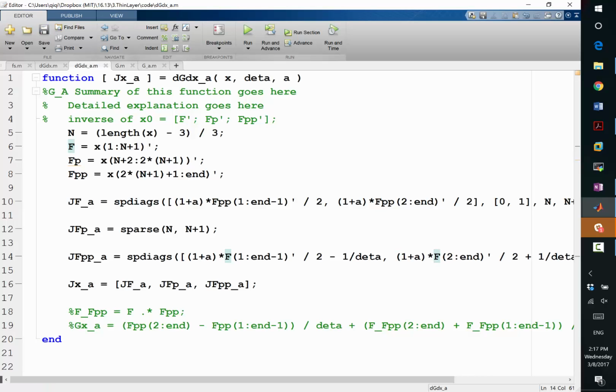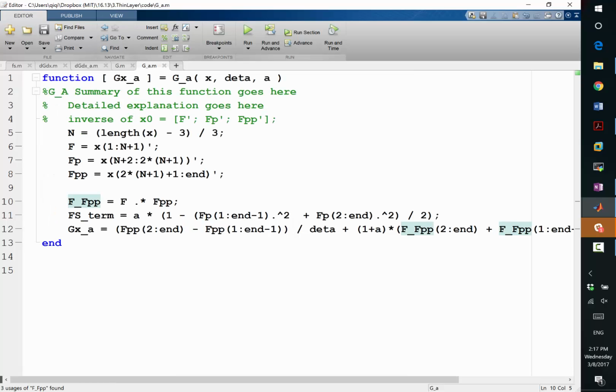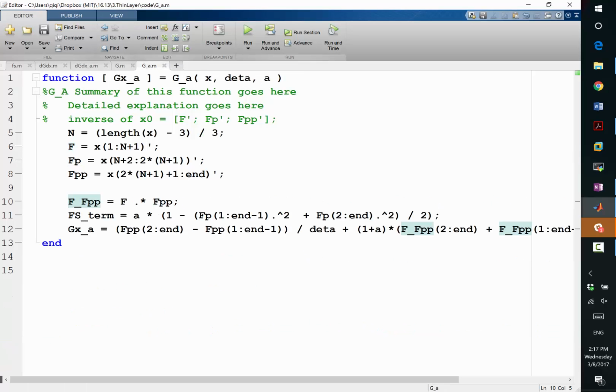Otherwise, I think they are the same. Now we also have the additional term we called the Fs term. That is going to give us a non-zero contribution in which matrix? Which matrices do we need to modify to account for the 1 minus Fp squared term?